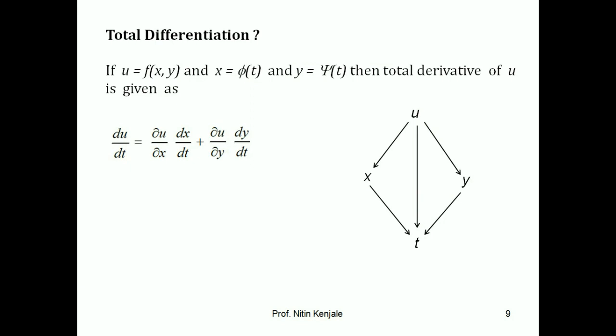Similarly, when we say that x and y are functions of t, as they are functions of only one variable, their differentiation with respect to t is ordinary. It reflects in the formula of du/dt. By chain rule, it is given by ∂u/∂x into dx/dt plus ∂u/∂y into dy/dt. Now let us see this example.